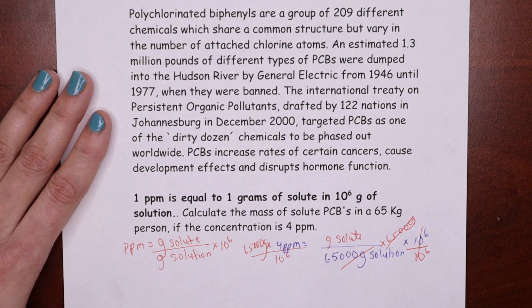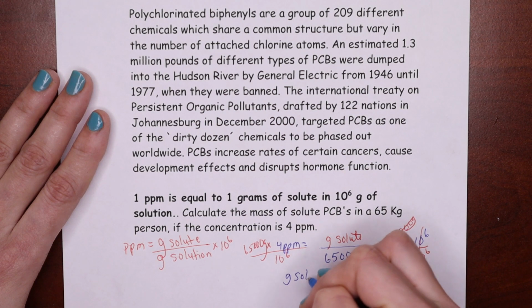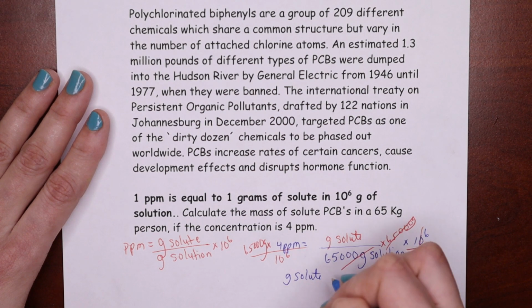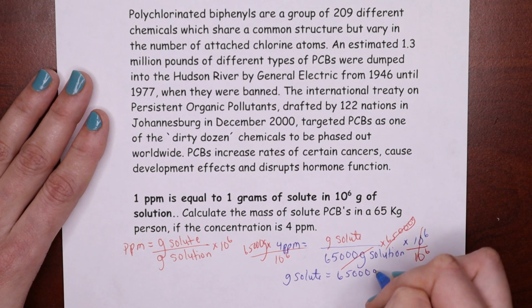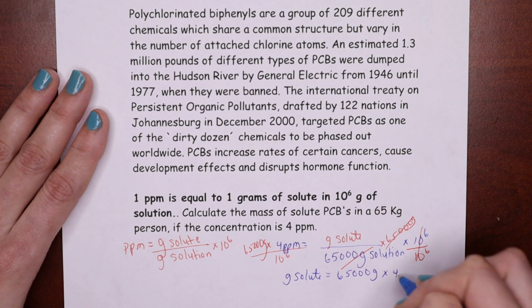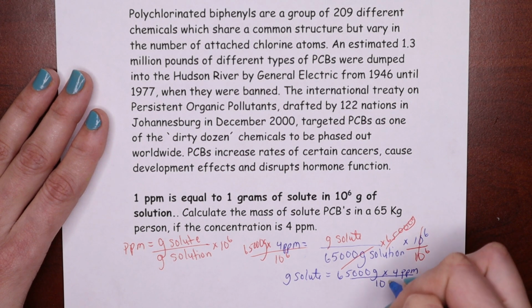I'm going to write it so that it's a little bit clearer to understand. So we have grams of the solute equals 65,000 grams times 4 parts per million divided by 10 to the 6.